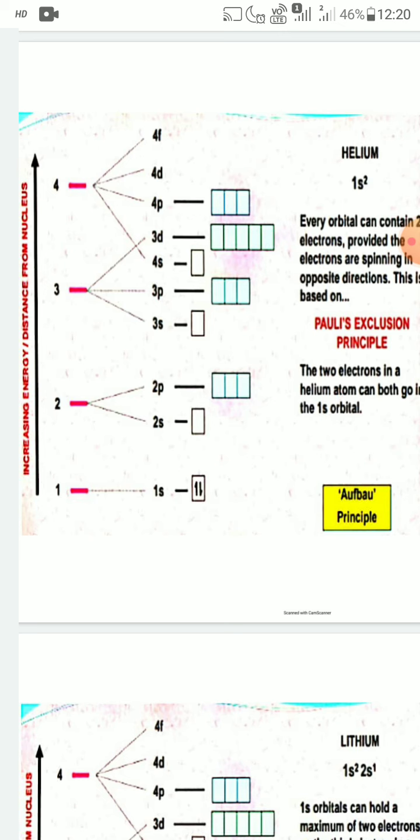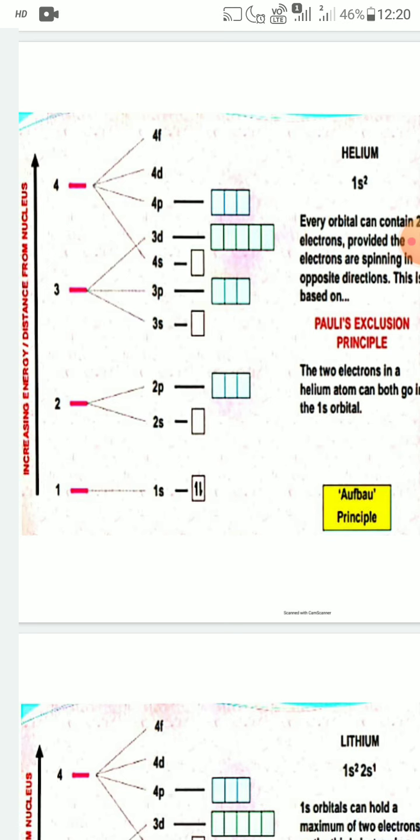So first you have to write down the orbitals according to increasing order. When you are writing the electronic configuration of an atom, first you have to write down the symbol of different orbitals according to their increasing order of energy, but don't give any greater than or less than sign.